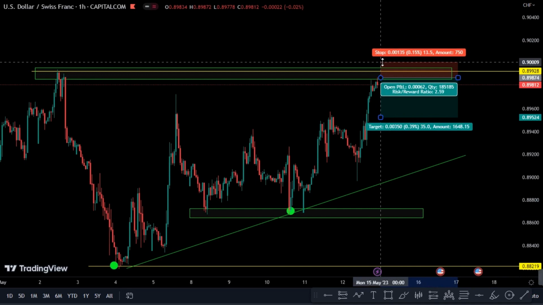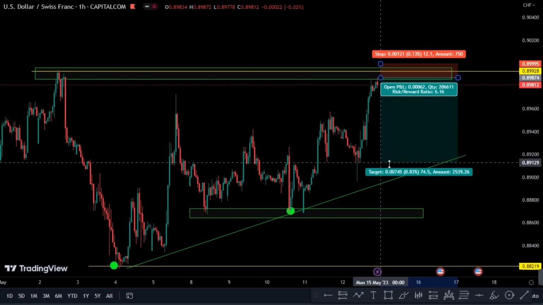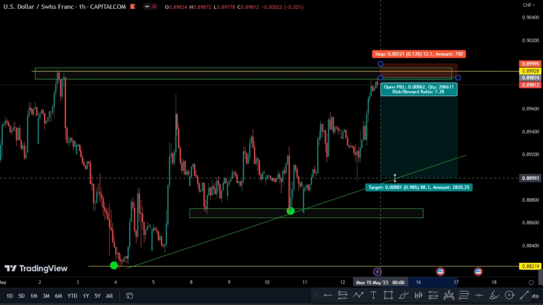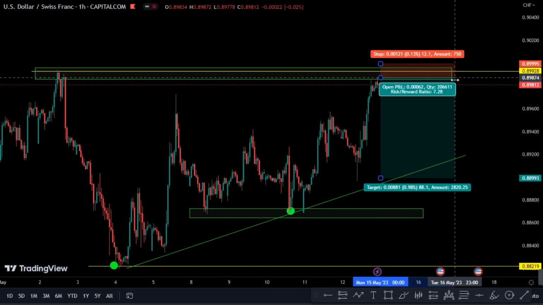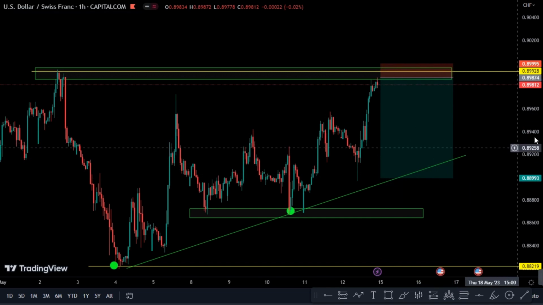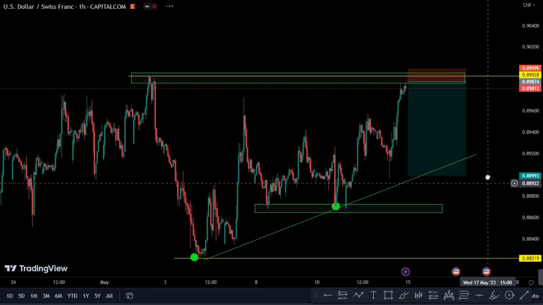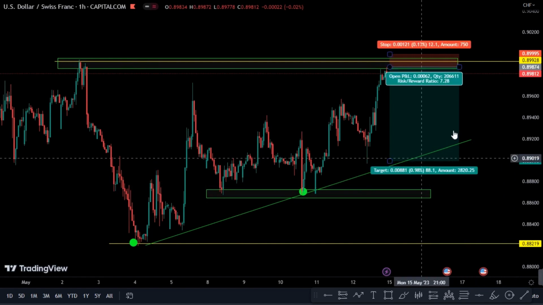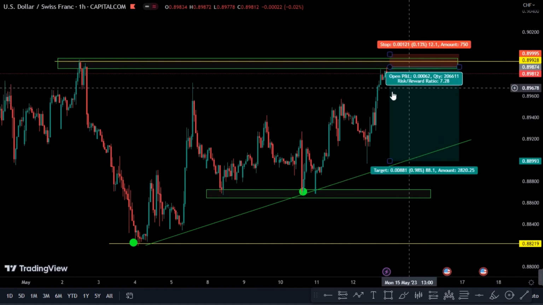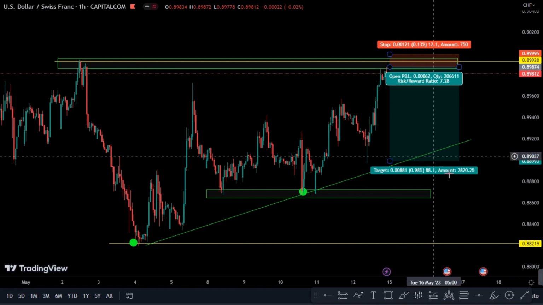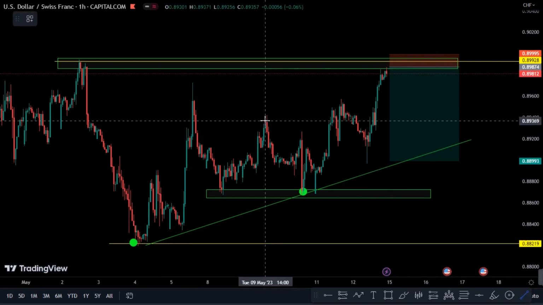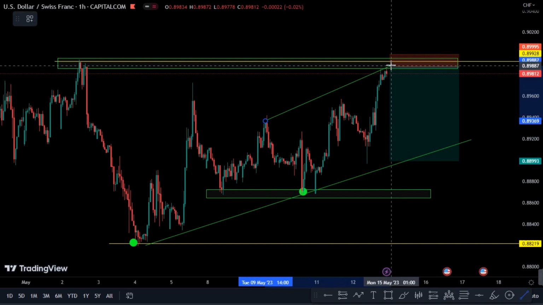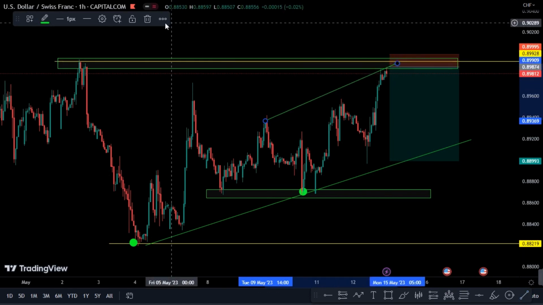So I'll be taking my short here with a 12 pip stop loss, and I would be anticipating this trend line here to be my take profit, and that is 88 pips, and that is a proper 1:3 risk reward trade. So I would be looking to execute a short on this trade based on the analysis that we have done here.